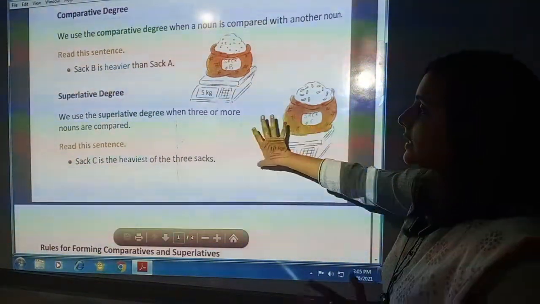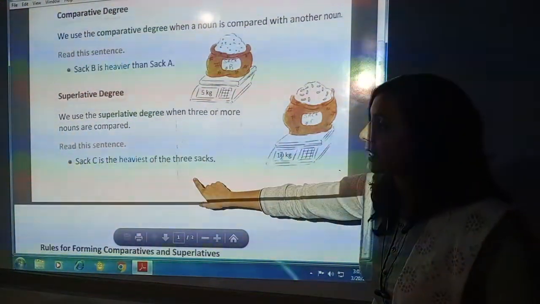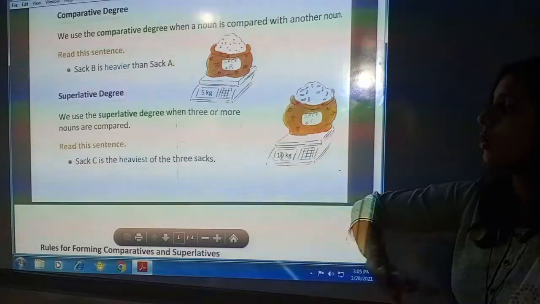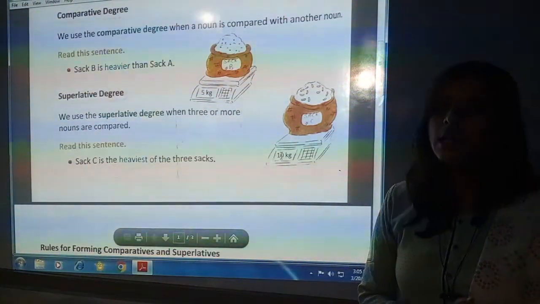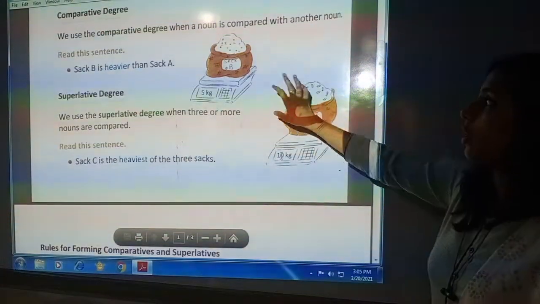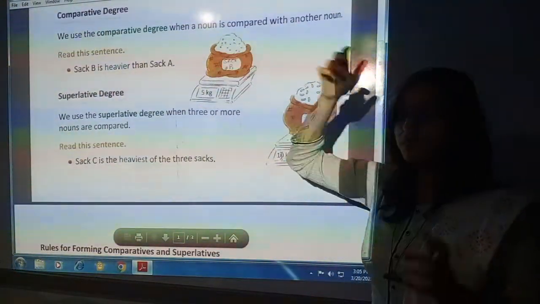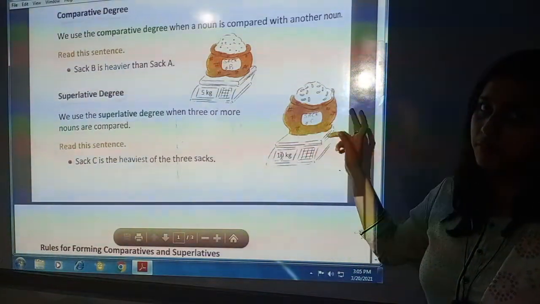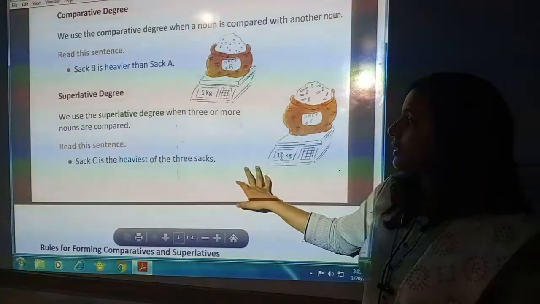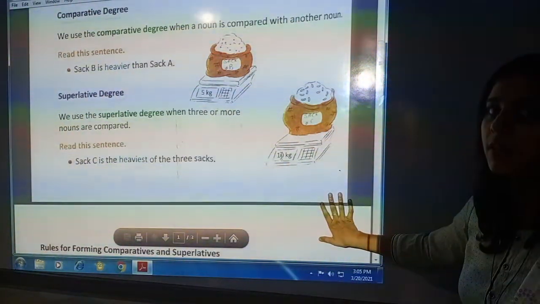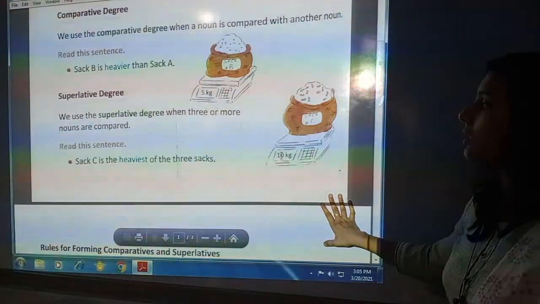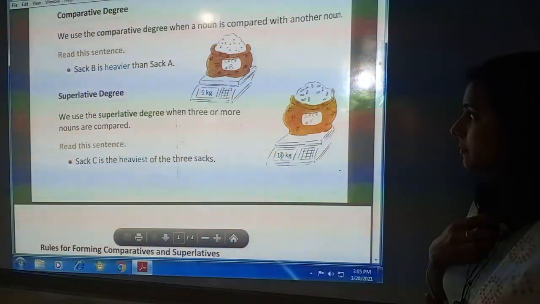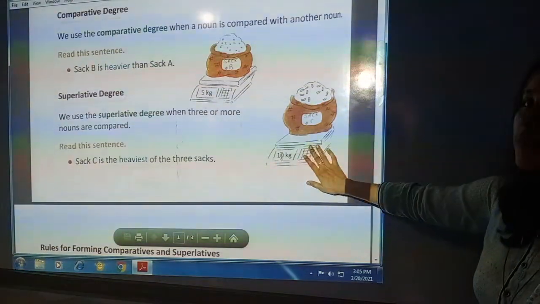So here see the example. Sack C is the heaviest of the three sacks. That means among all the sacks, the heaviest sack is sack C. How do we come to know?